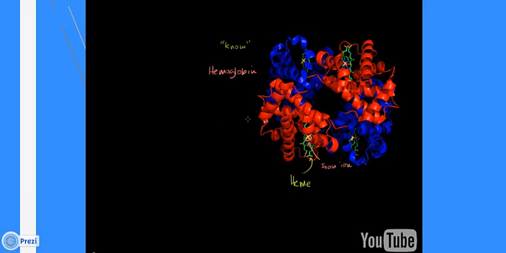Now, oxygen will bind very well here. But hemoglobin has several properties that, one, make it really good at binding oxygen, and then also really good at dumping oxygen when it needs to dump oxygen. So it exhibits something called cooperative binding.